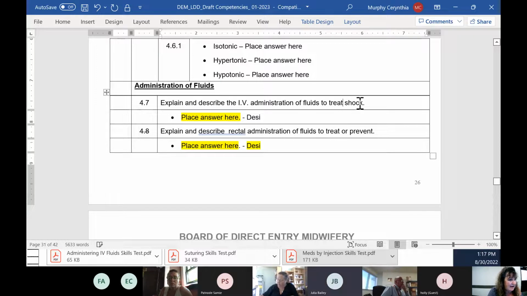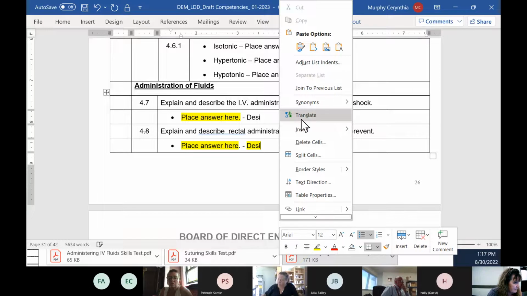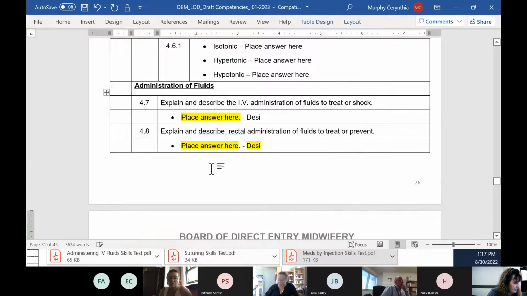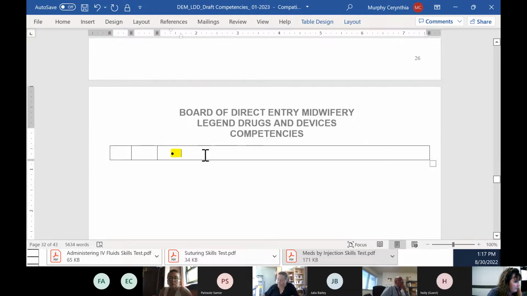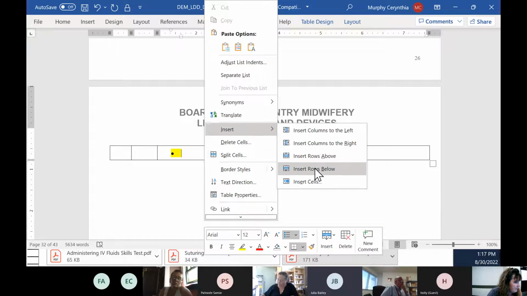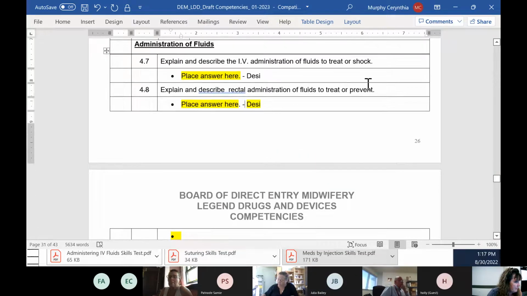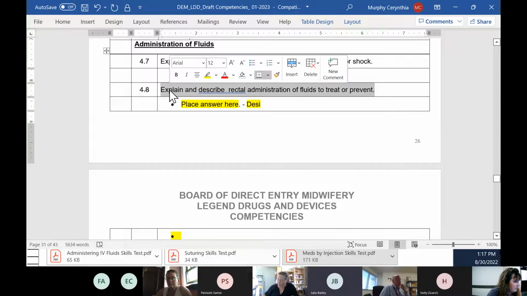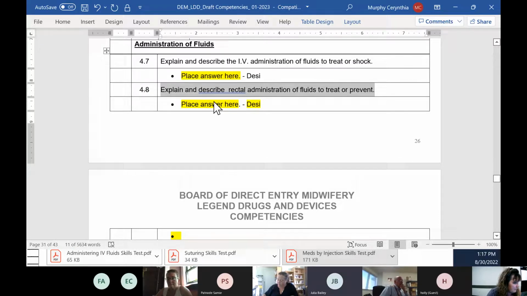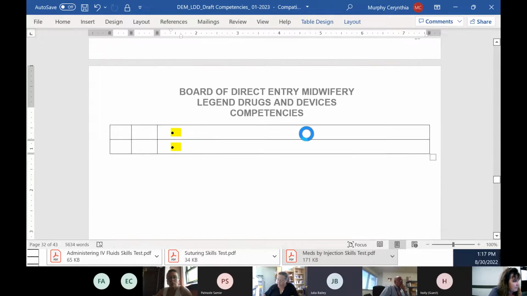And then are we adding a new one? 4.9. And then that will be: explain and describe the IV administration of fluids for GBS prophylaxis.